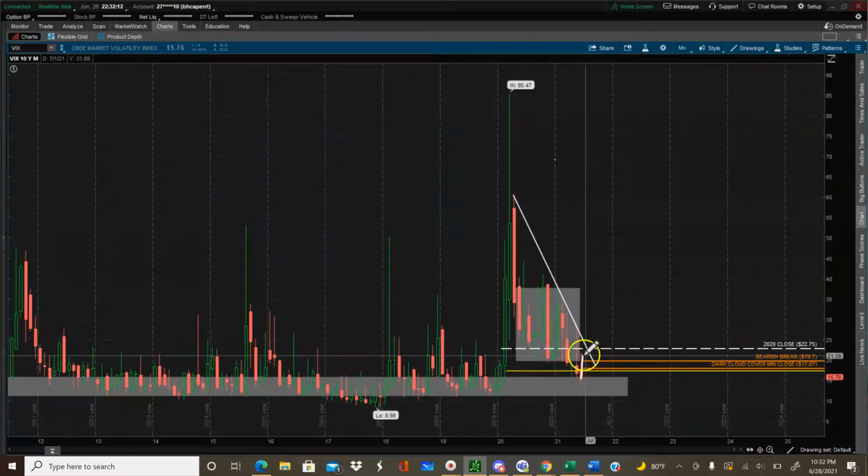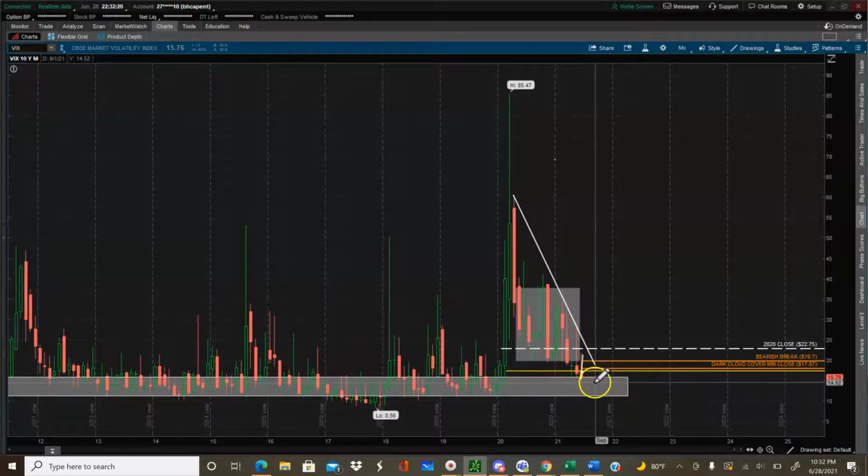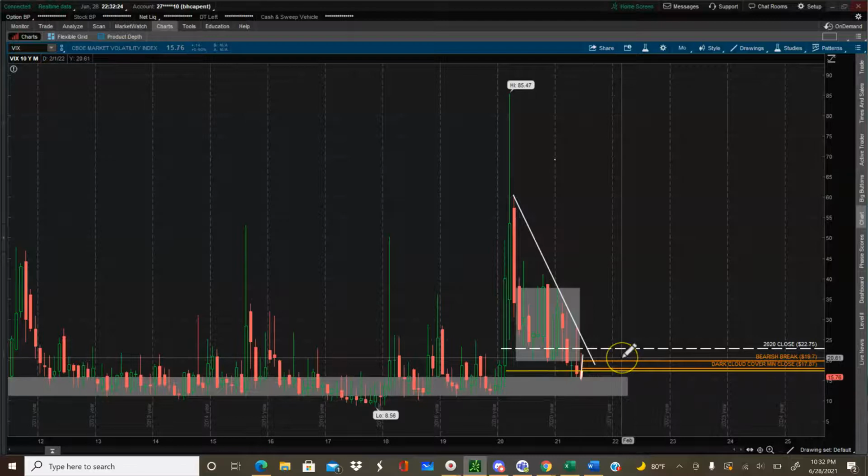Just on a month-to-month basis, to see if VIX continues to fail at this trend line and be pushed down into support here.